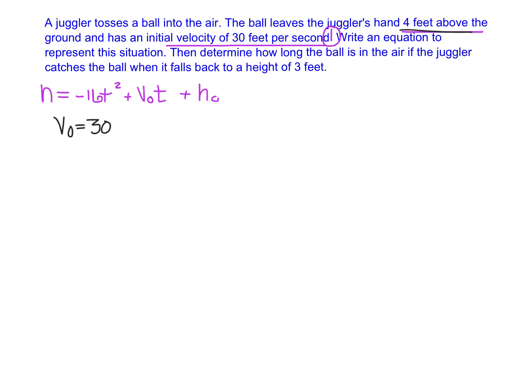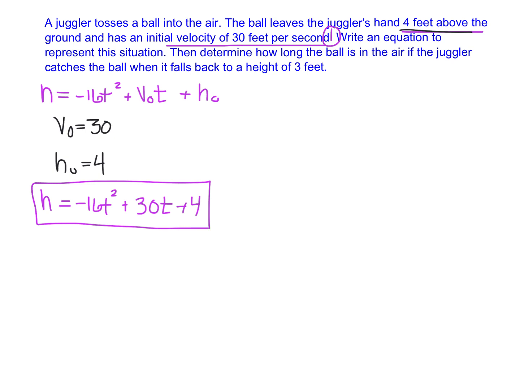Our initial height is when it's released, so that's equal to 4. As a result, we can substitute all the values we need. So we have h equals negative 16t squared plus 30t plus 4. Here is the equation that we need in order to solve the rest of this situation.